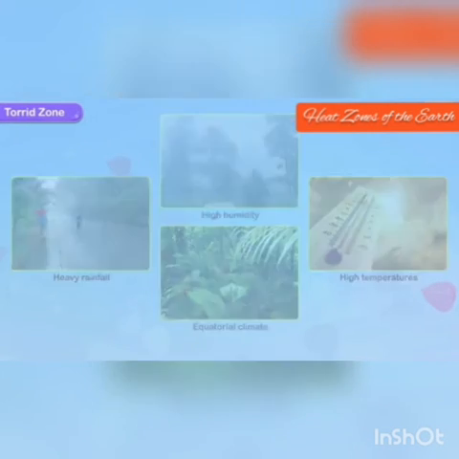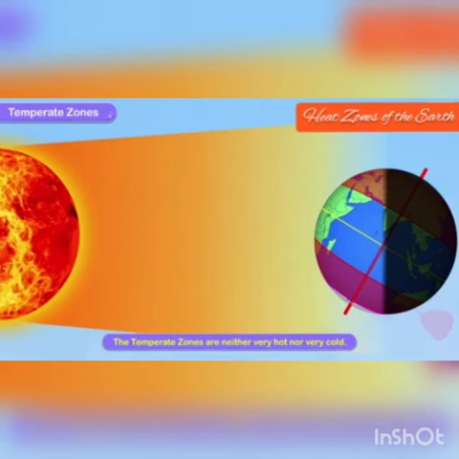The second one is temperate zone. The temperate zone receives slanting rays of the sun and is therefore neither very hot nor very cold.